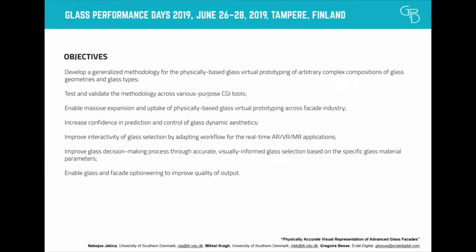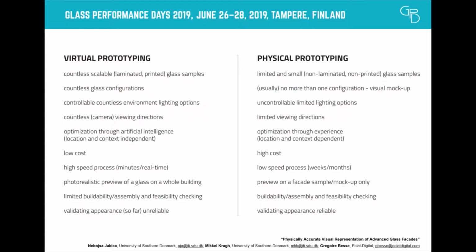So to improve the number of solutions that you test in order to come up with the best possible one. So what is the comparison between virtual prototyping and physical prototyping?